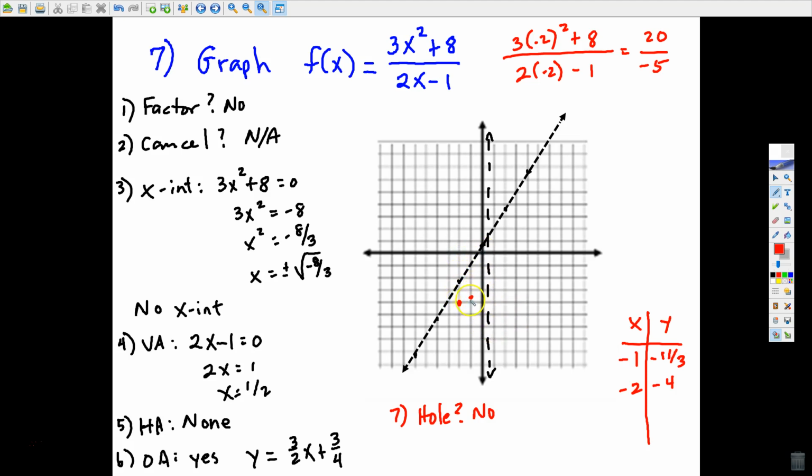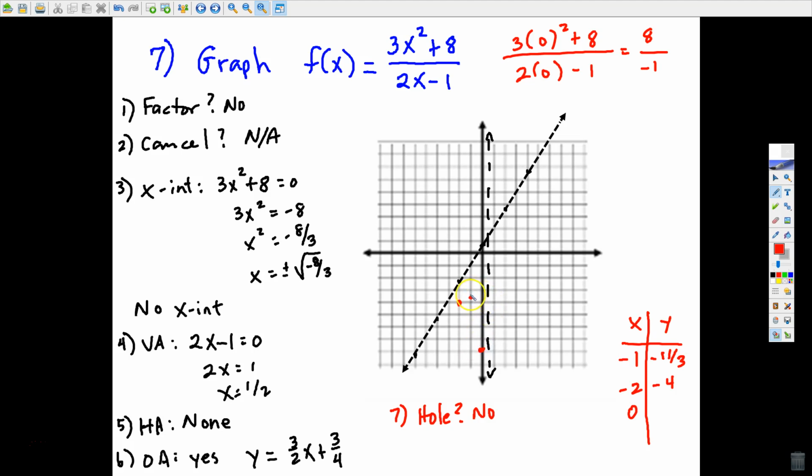And now let's do a point on the other side. Let's try 0. If I input 0 for x, it's going to be 8 over -1, which is -8. So 1, 2, 3, 4, 5, 6, 7, 8.